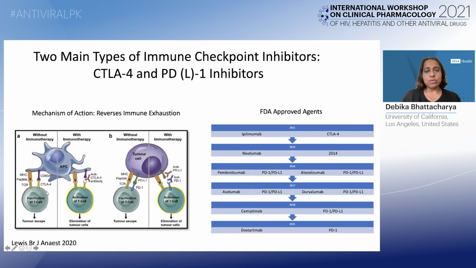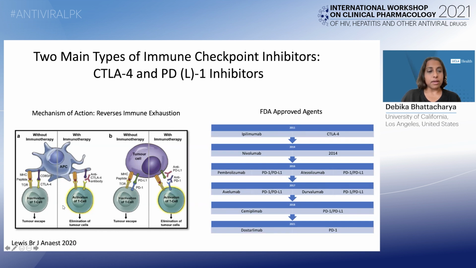And so these immune checkpoints, CTLA4, PD1, PDL1, are produced naturally and are a way for the immune system to downregulate the immune response, particularly the T cell response, so that there is not an overreactive immune system. And so what cancer cells do, and some viral infections do, is they take advantage of this naturally occurring mechanism, and they bind these molecules, these immune checkpoint inhibitors.